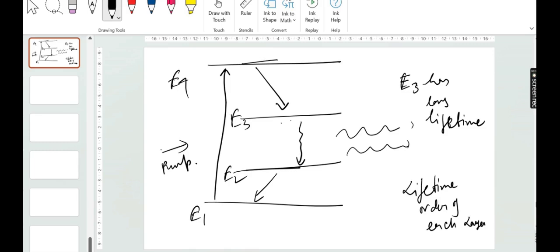In order that atoms do not accumulate in level 2 and hence destroy the population inversion between levels 3 and 2, level 2 must have a very small lifetime, so that atoms from level 2 are quickly removed to level 1 and ready for the pumping. The relaxation rate of atoms from level 2 to level 1 is faster than the rate of arrival of atoms to level 2. Then one can obtain population inversion between 3 and 2, even for very small powers. So that is the key here.